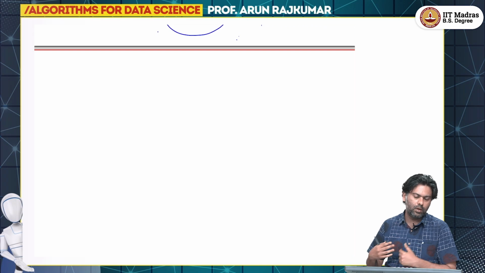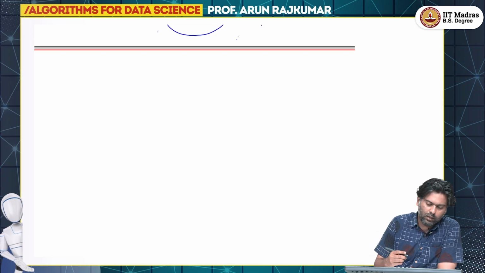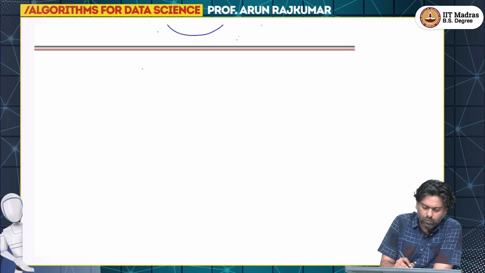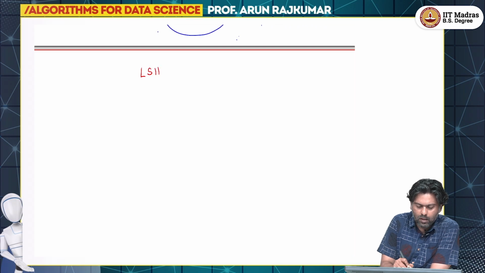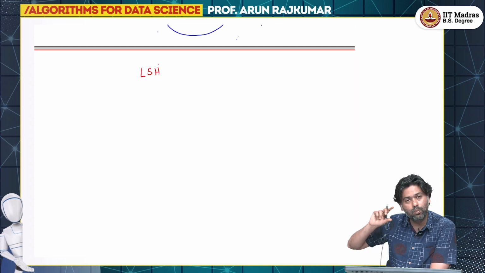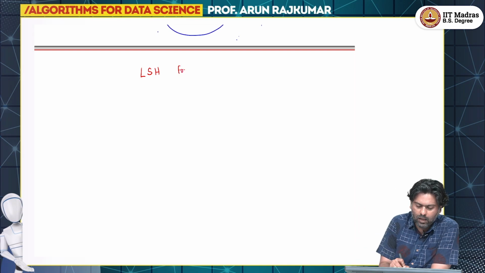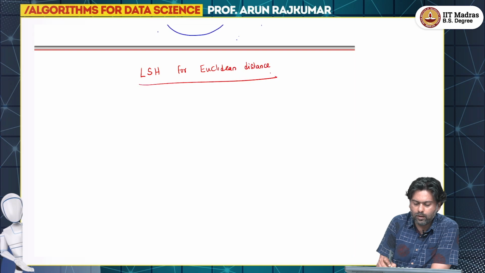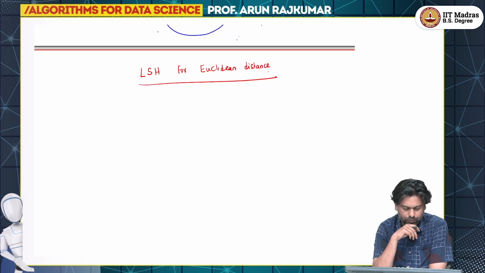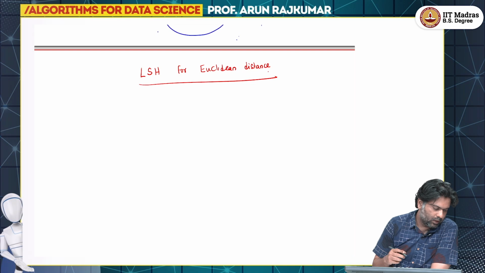And how can we convert that into a finite set of buckets? Well, for Euclidean distance, and when I say Euclidean distance, that's how I am going to measure nearest neighbor distance later on, I can develop a very intuitive and not so hard family of hash functions.